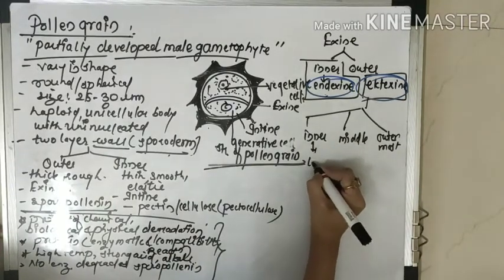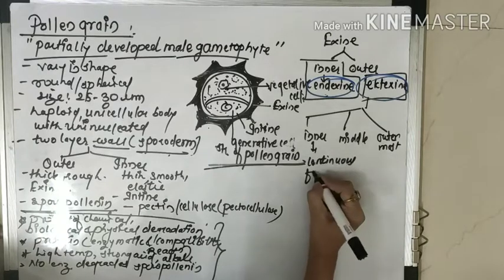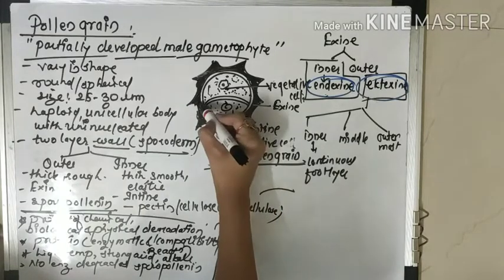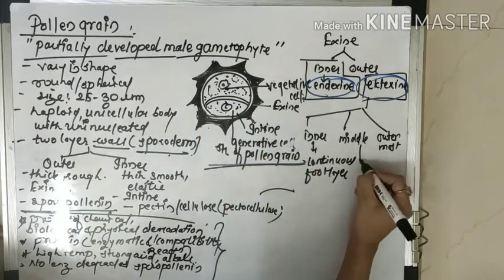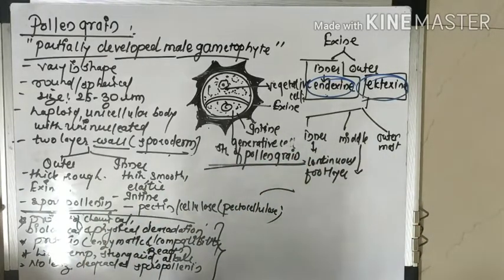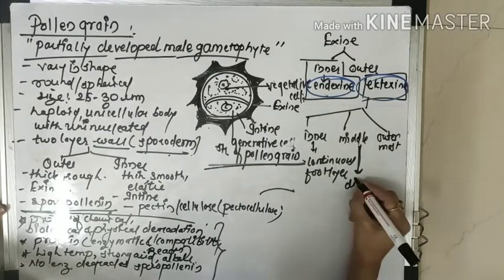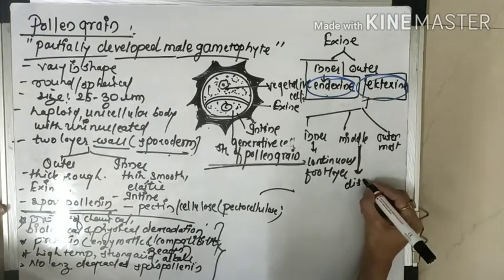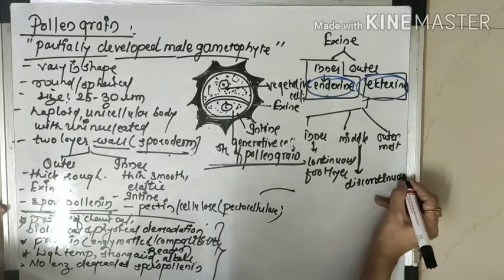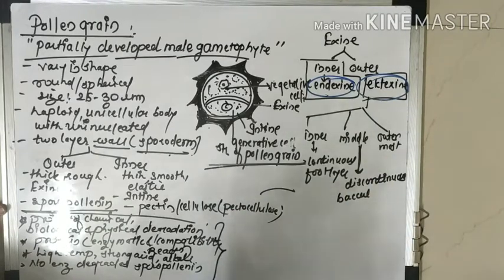The middle one is not continuous; it is a discontinuous baculate layer.